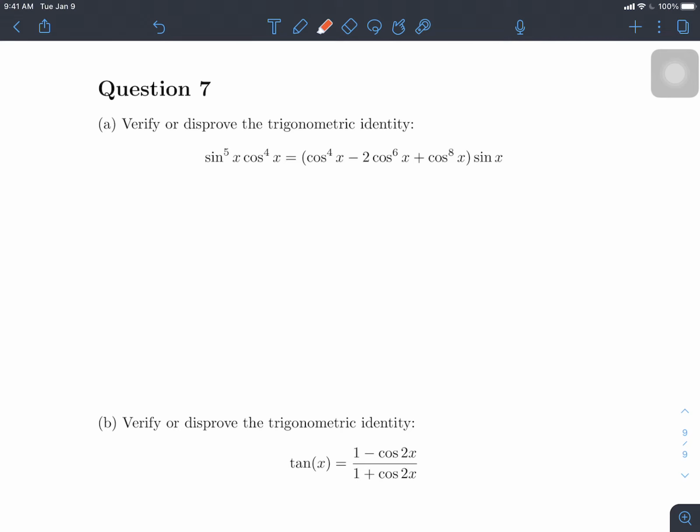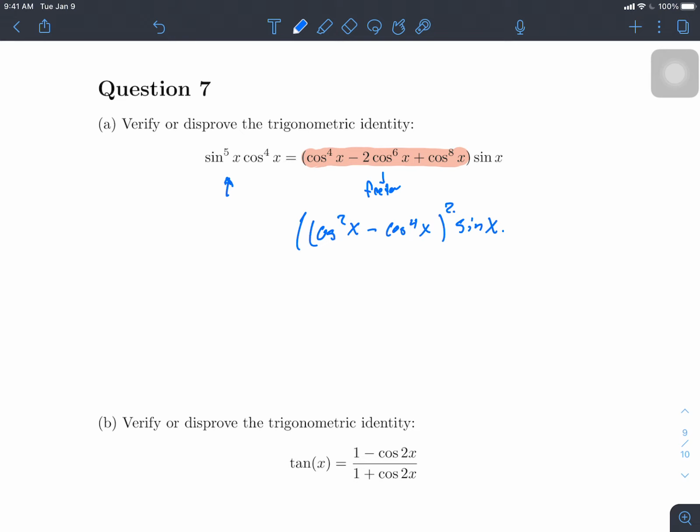The first way would be to look at this thing here and recognize that this looks quadratic in form, so we could factor it, and it would look something like cosine squared x minus cosine to the 4th of x, and then that would be times sine x. We could try to do it something like that, but that doesn't look like it's going to be that fruitful, so I'm going to instead focus on the left-hand side.